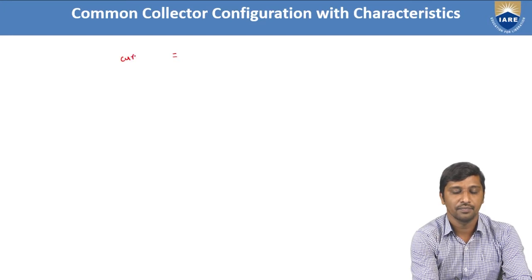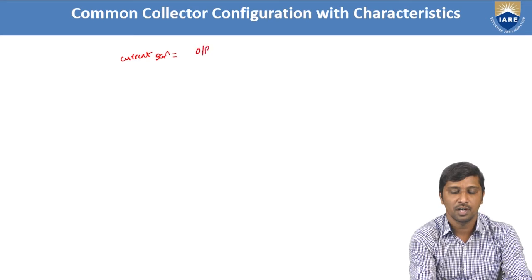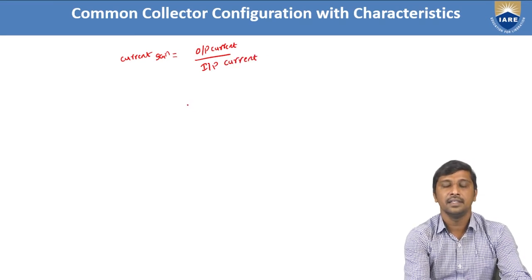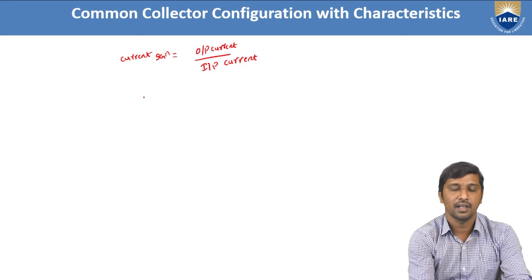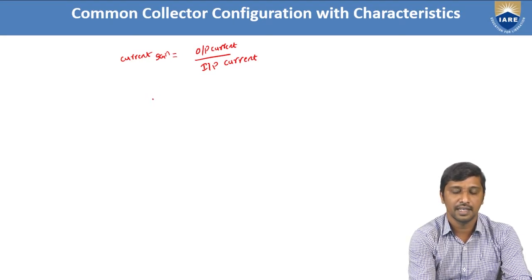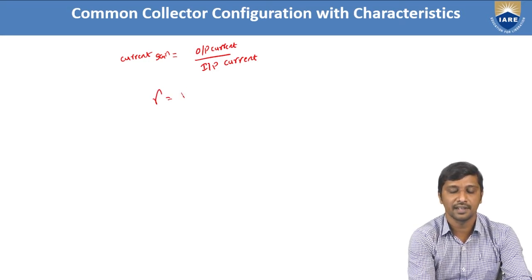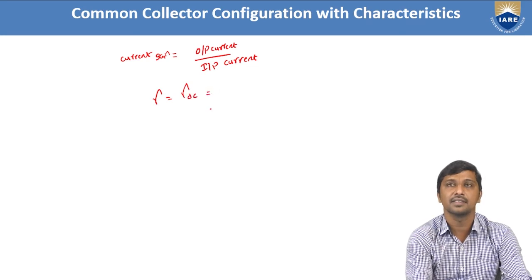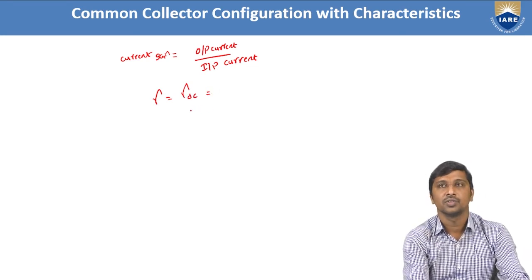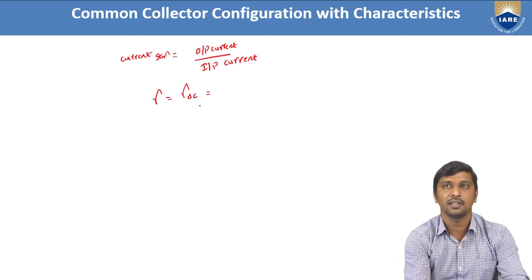In the common collector configuration, this current gain is represented as gamma, also called the DC current gain, or gamma DC. So gamma DC means the DC current gain under the common collector configuration.